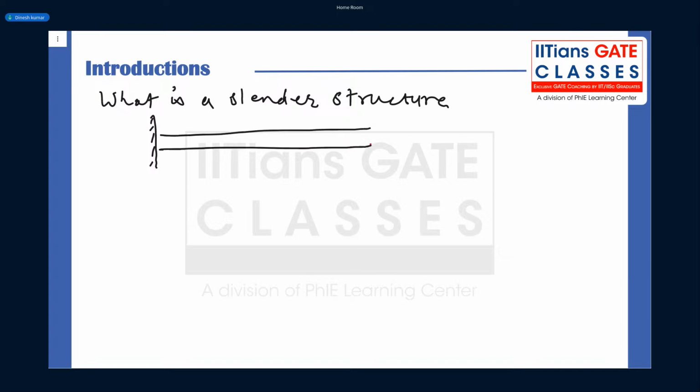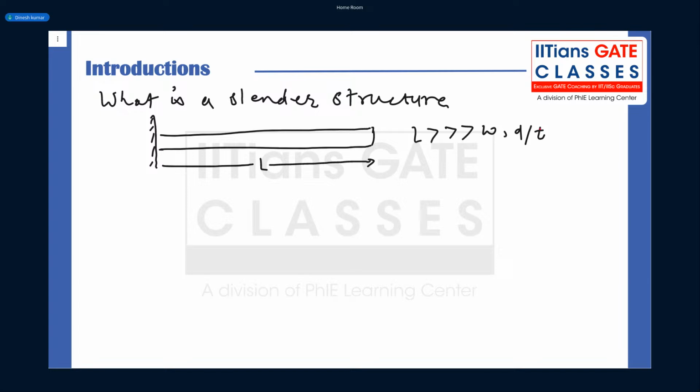So it is a long prismatic structure where the length is very large compared to other dimensions, that is width and depth or thickness.